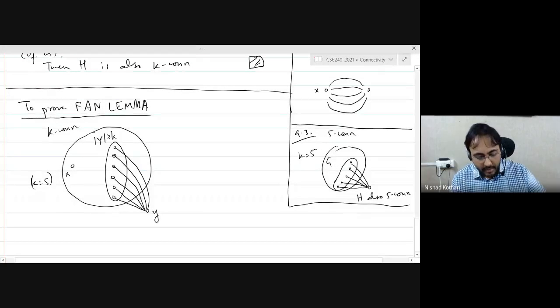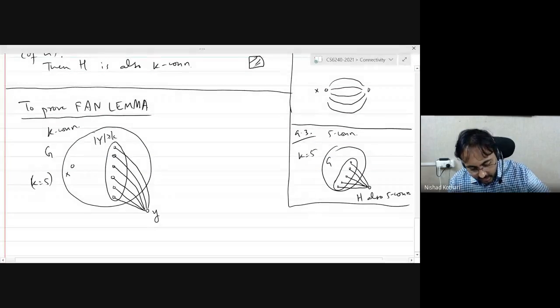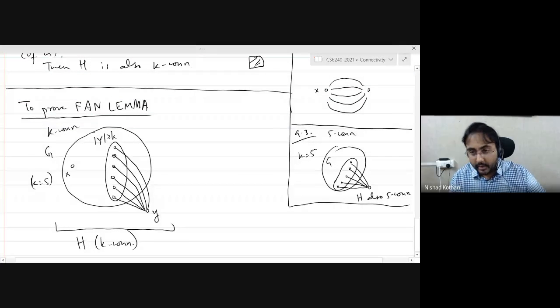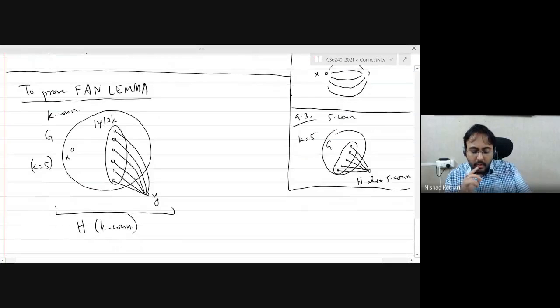So I'm trying to prove something for the graph G, but instead I look at the graph H, which is also k connected by lemma 9.3. And now, by definition of k connectivity, there exist k internally disjoint paths from x to y.